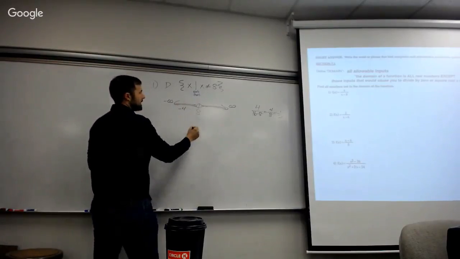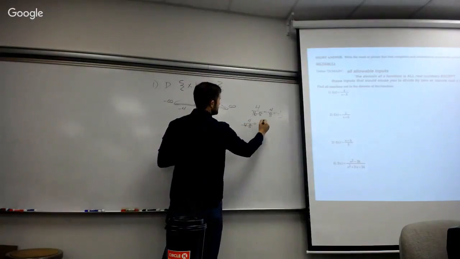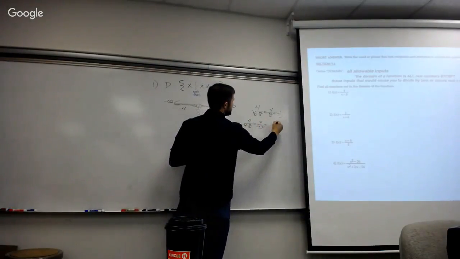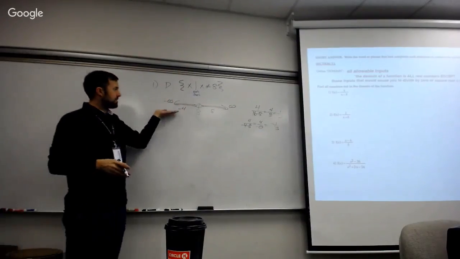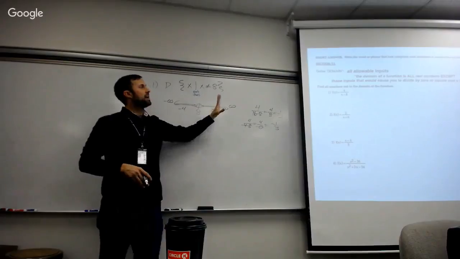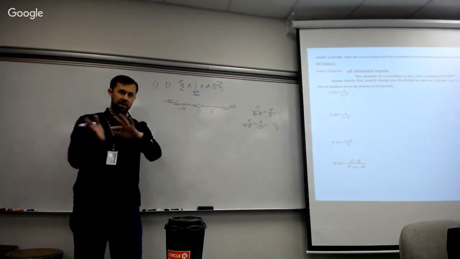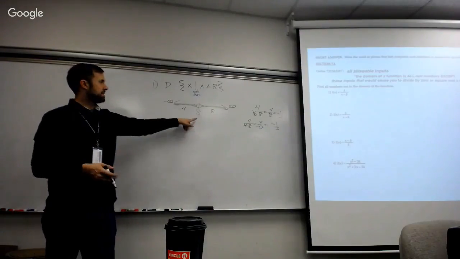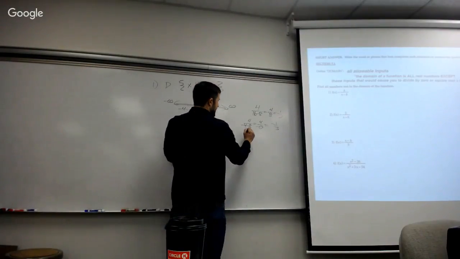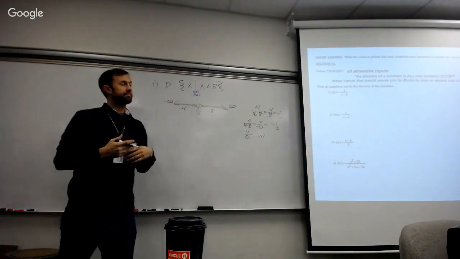If I plug in -4, I'll have 4 over -4 minus 8, which is 4 over -12, which is -1/3. So I can choose any number over here and any number over here, and my function will have a value. That's what the domain is: all allowable inputs that let you actually compute something. Whereas if I plug in 8, that gives me 4 over 0, which is undefined. Therefore, 8 is not in the domain.